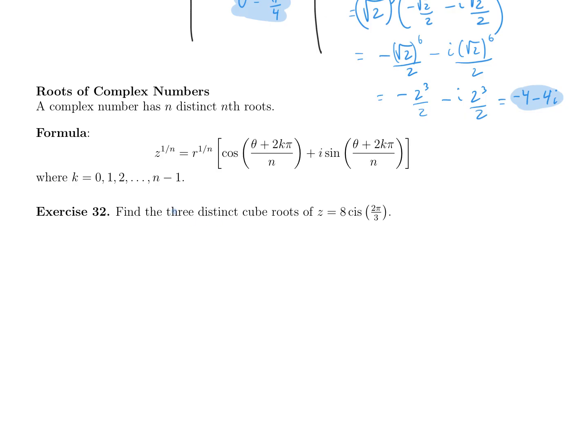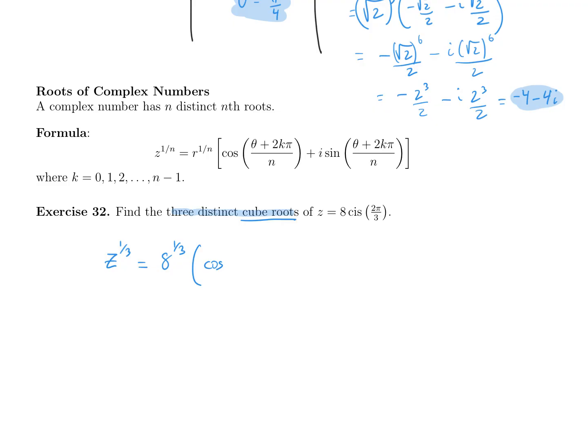So let's go ahead and apply this formula. So let's start off with z to the 1/3 power, because that's the cube root. z to the 1/3 power is equal to 8 to the 1/3. That's what the formula says. Cosine.